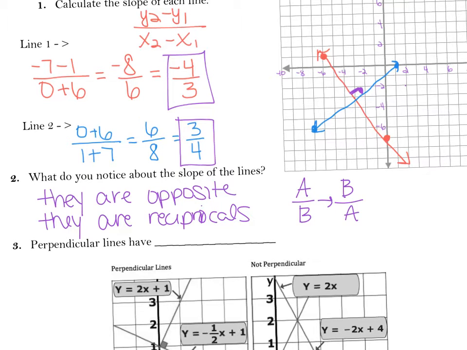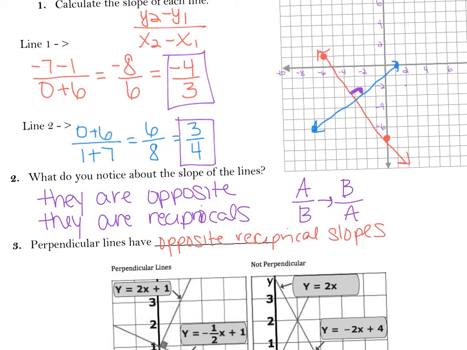So we know that if you compare their slopes, in this third line here, we're going to fill in that sentence: perpendicular lines have opposite reciprocal slopes.